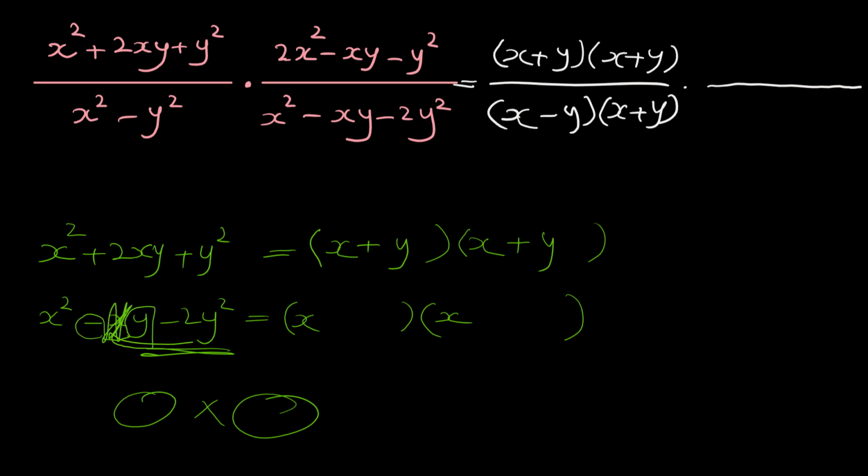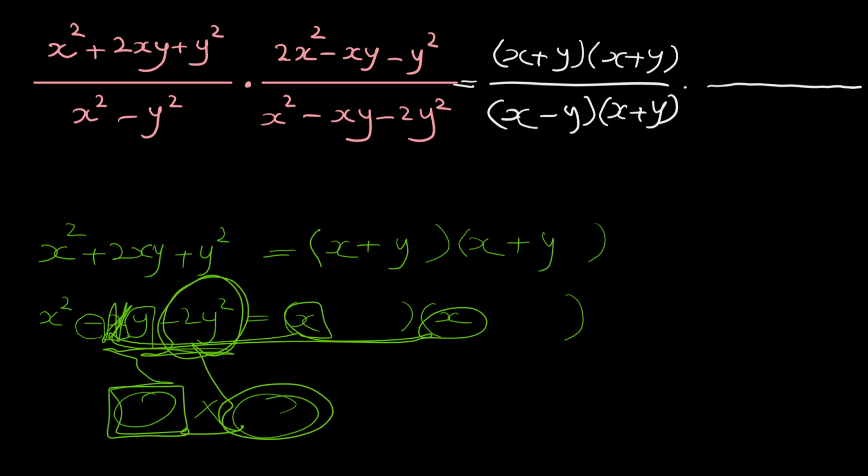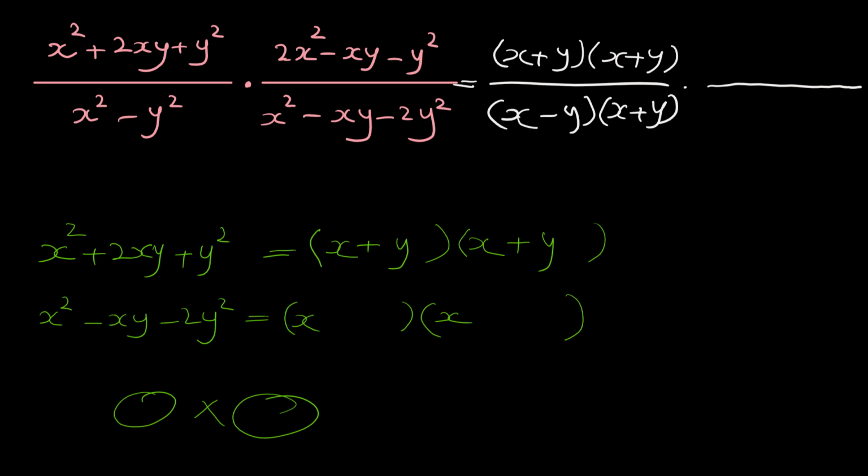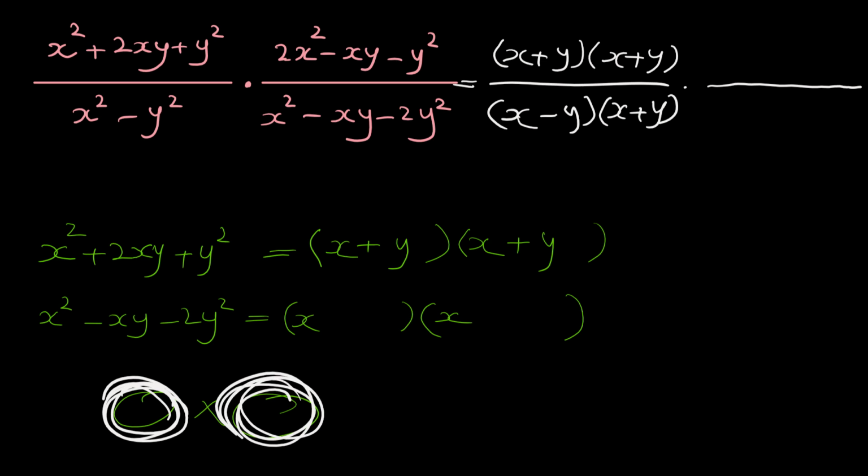Forget x, x is here. So we are looking for two terms whose product is this and whose sum is negative y. Both of the terms we are looking for have y, but with a number like 2y, 3y, negative 2y, something like that. Two things are multiplied by each other and we have negative 2y^2.